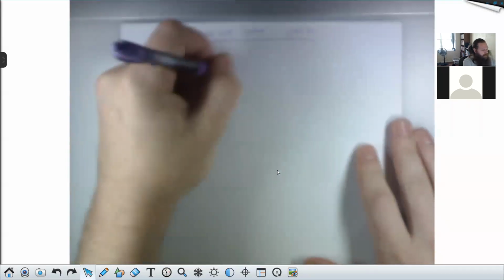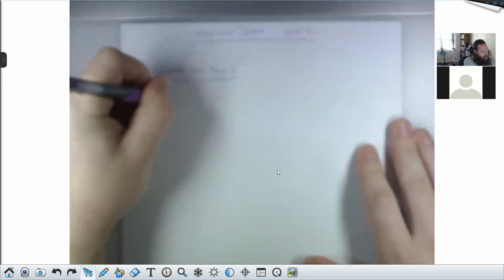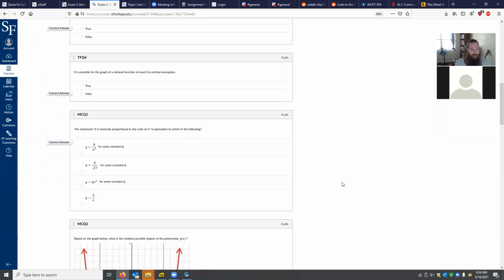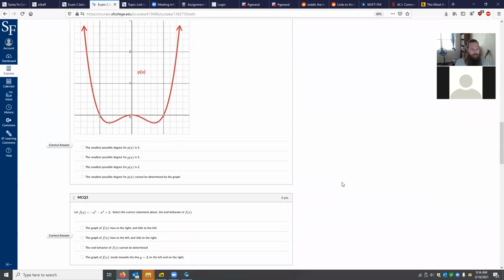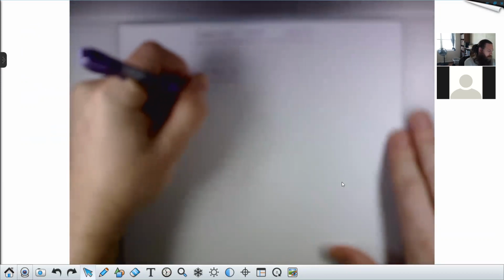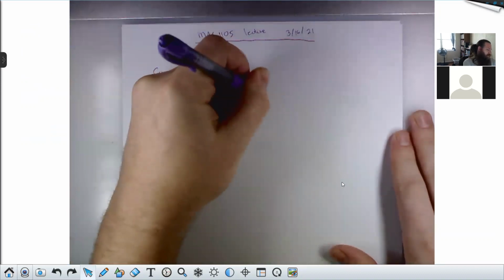Exam 2. First, MCQ 3, which would have been the 6th question altogether, was keyed wrong.